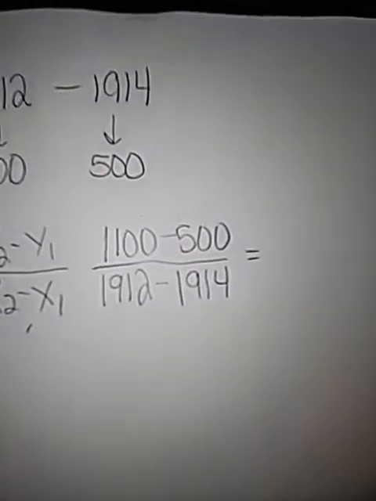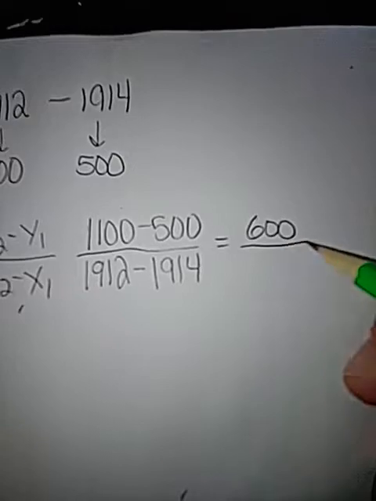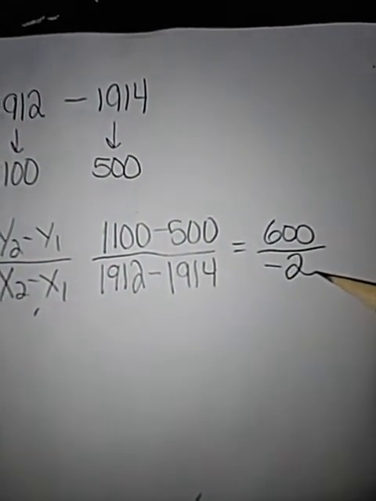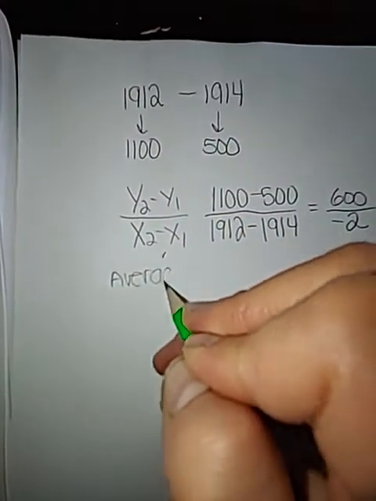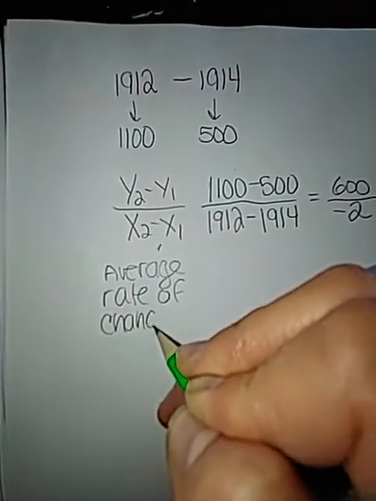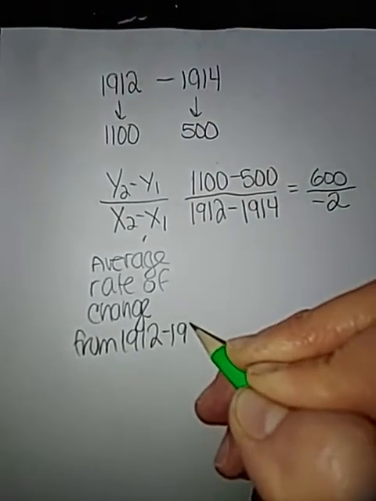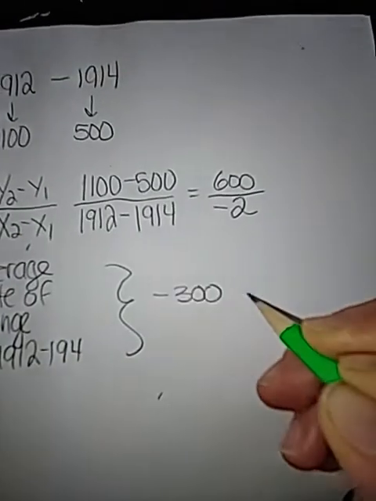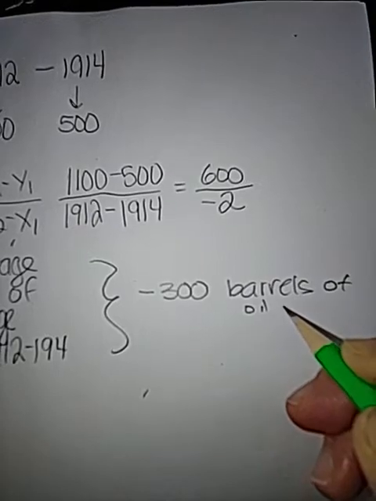Okay, so we have 1,100 minus 500, so we have 600 over 1912 minus 1914 is negative 2. So my average rate of change from 1912 to 1914 is negative 300 barrels of oil per year.